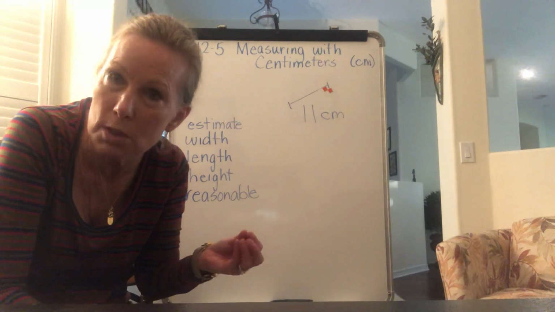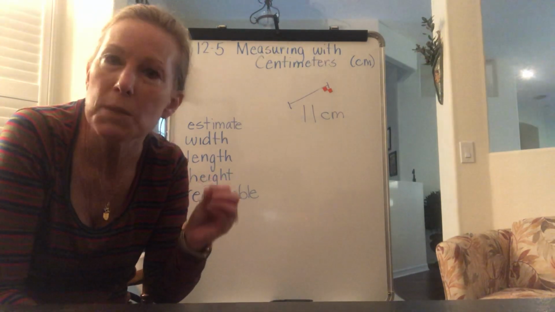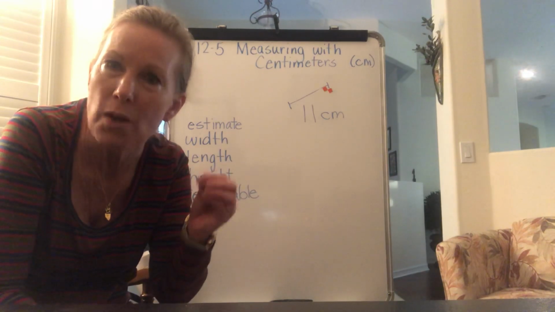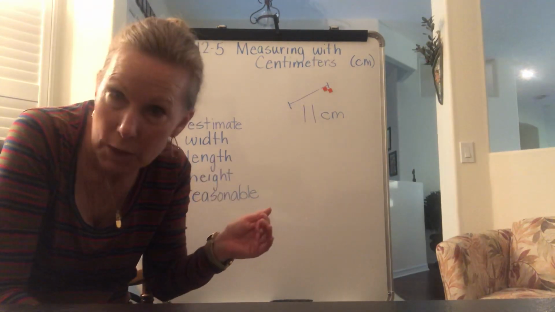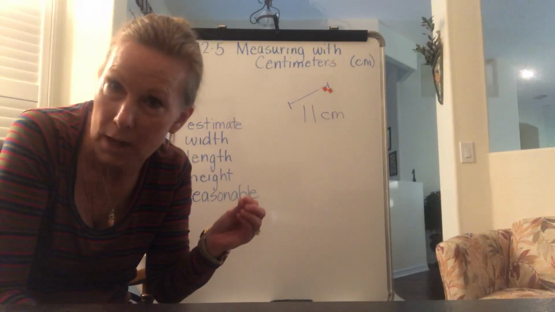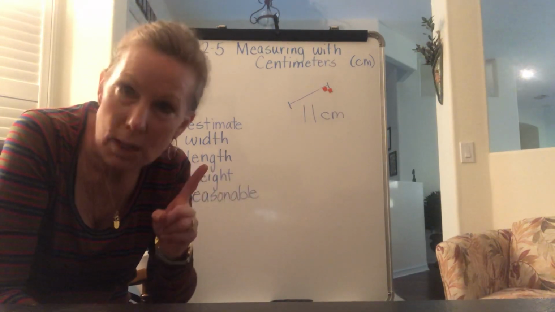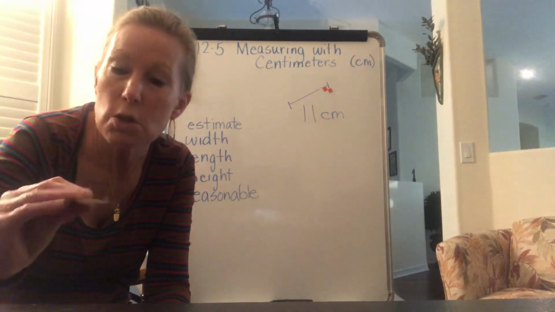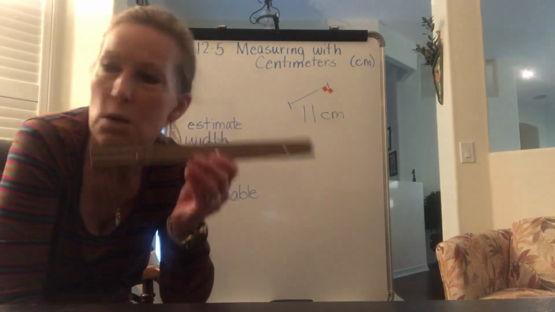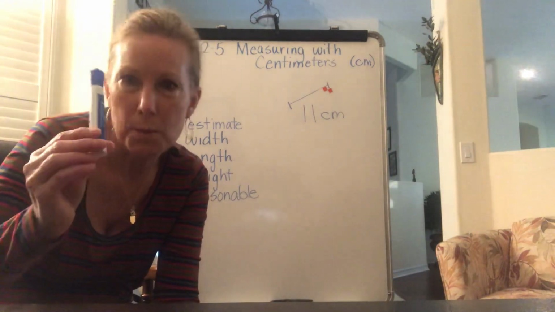If they don't, then find something else in the house that's about the size of a stapler. And then cross that picture out and either draw it or write it in there.